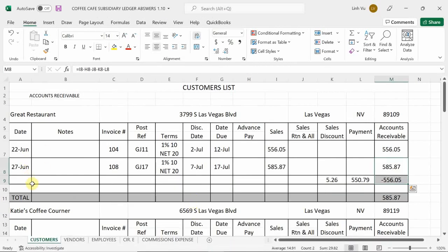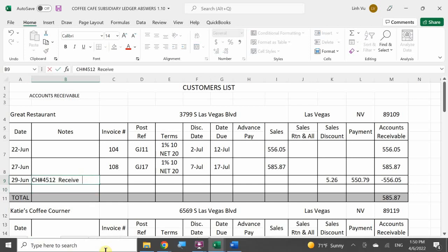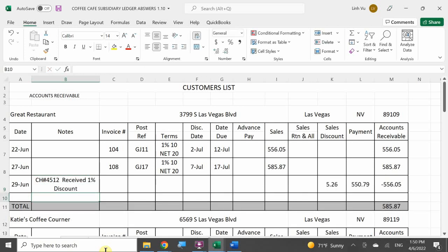We need to finish up our subsidiary ledger because we were in the middle of processing the payment here. So in this case, Great Restaurant paid us on the 29th with check number 4512. And then you could even make a note here, received 1% discount, even though it's already acknowledged in the discount column.